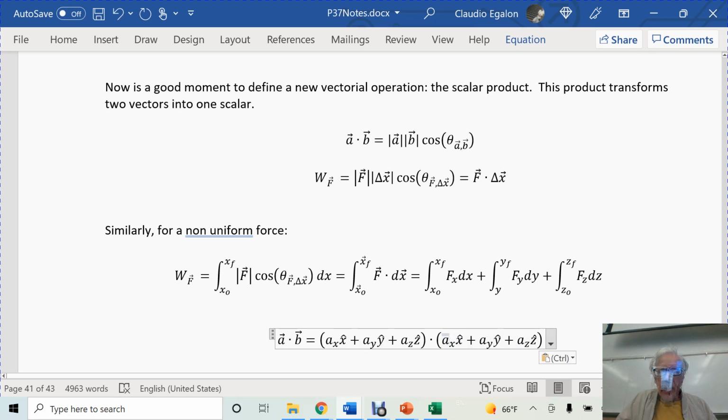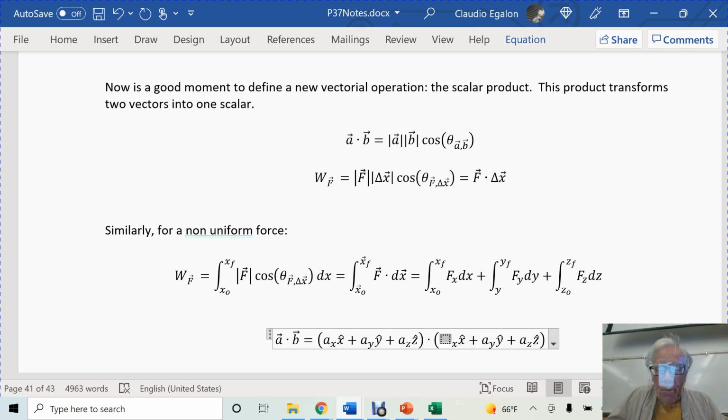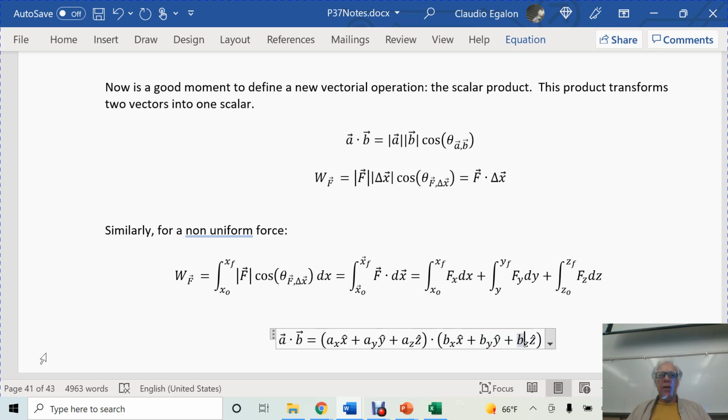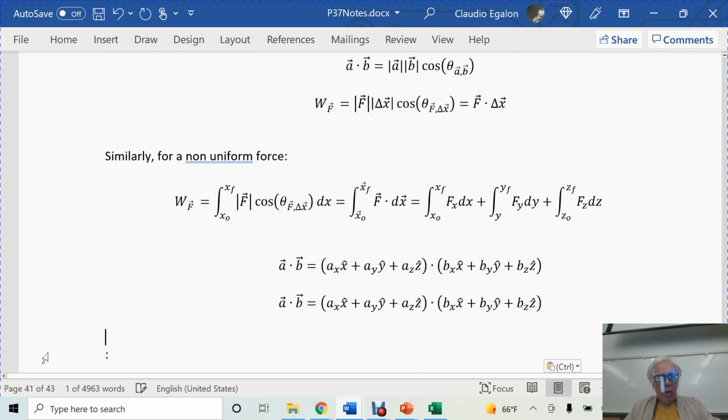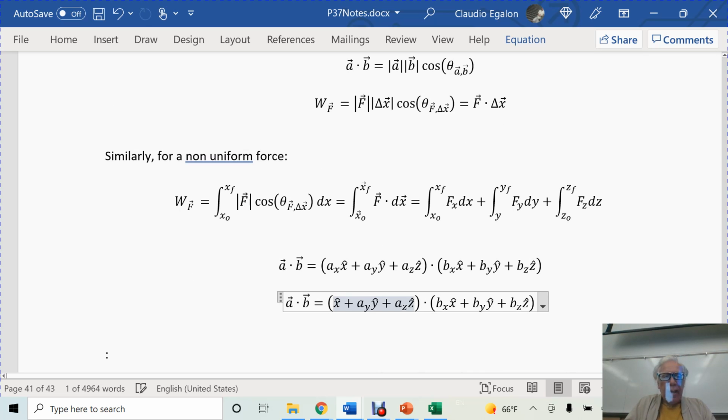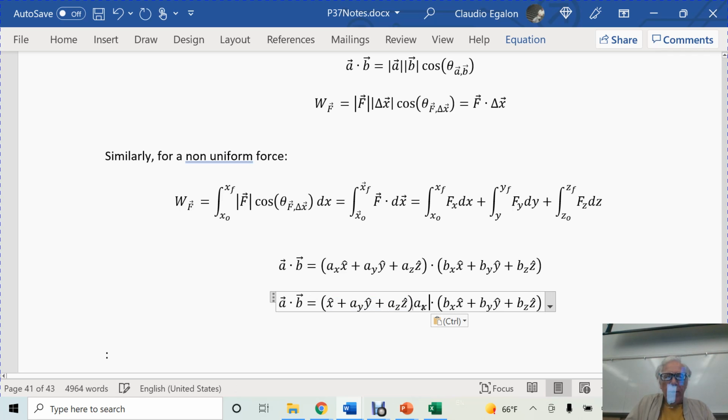Now all I have to do is write down bx, by, and bz. Okay, so what we're going to do here? We're going to apply the distributive property that we proved before. So we're going to rewrite that in terms of ax x hat dot what we have here.